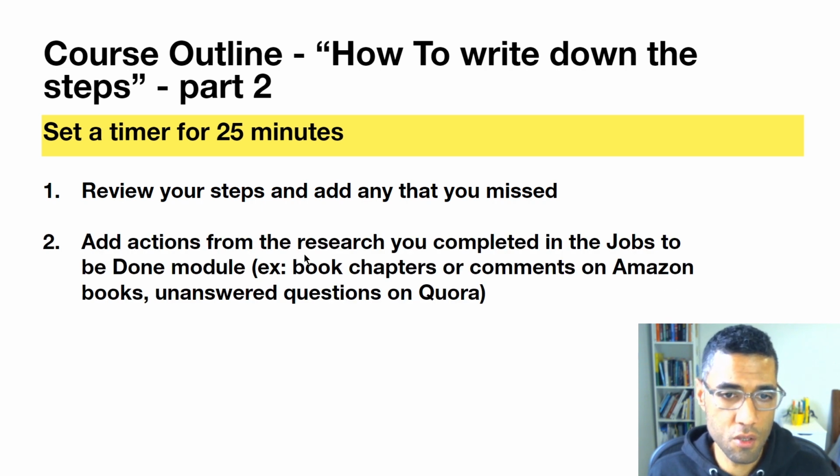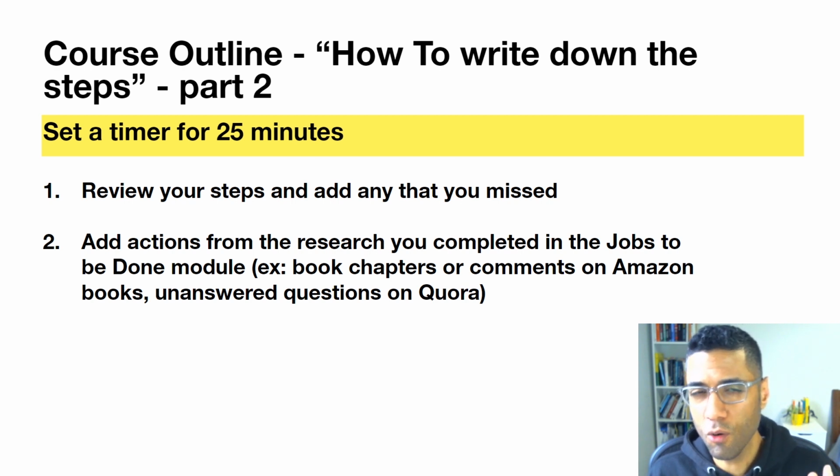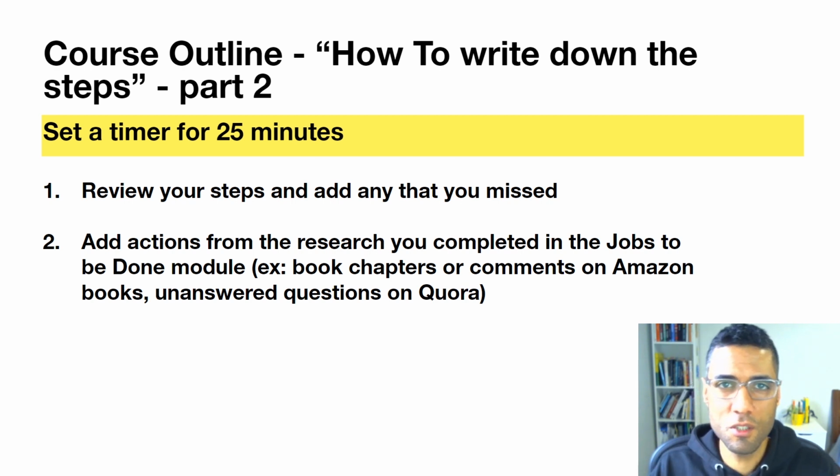You can also do some research. You can look at book chapters or comments on Amazon, unanswered questions on Quora about the work or the outcome that somebody's trying to get to. So for example, if we're using the example of your course being to create a mobile app, you might overlook what those intermediate steps are.